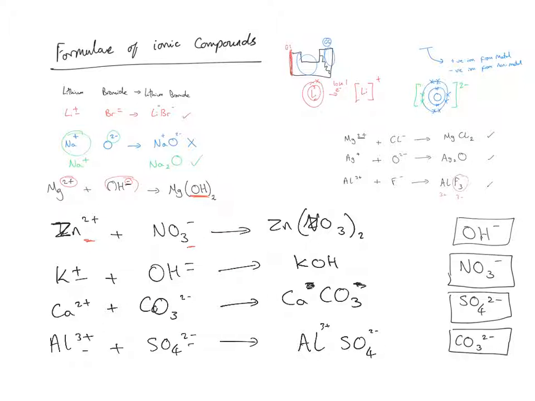So if I get 2 aluminiums and make 6 positives, I would then need 3 lots of the sulfate anion to make 6 negative. So aluminium sulfate looks like this. We'll have more practice on this, but there's the general ideas.